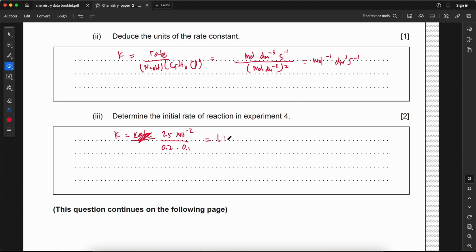2.5 times 10 to the power negative 2 divided by 0.2 times 0.1. You will get 1.25 mol^-1 dm^3 s^-1.